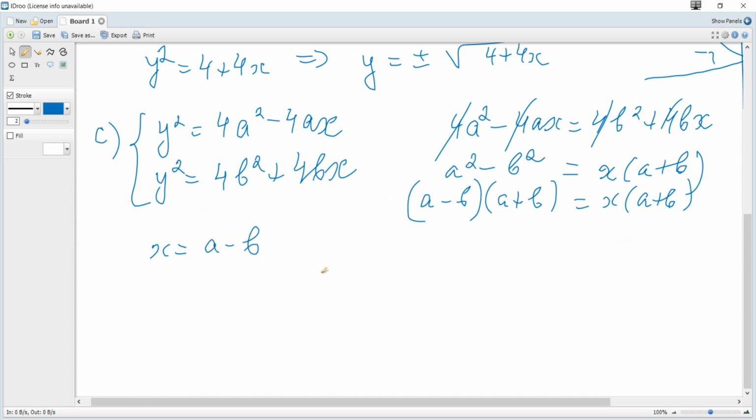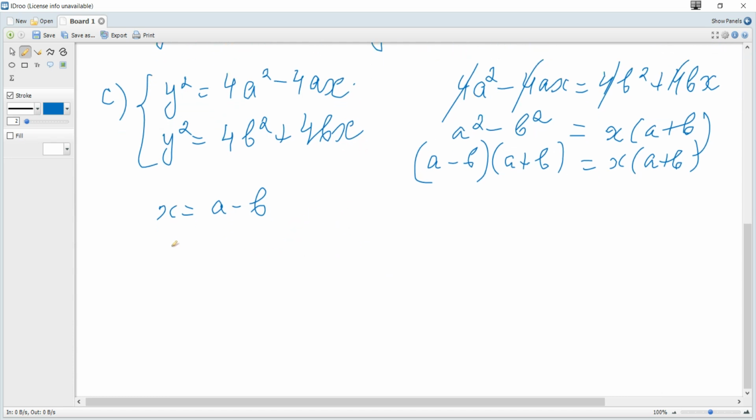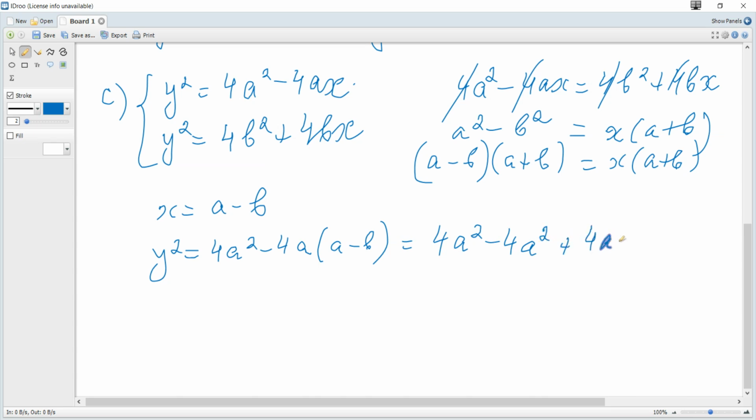And then substituting into this or this, it doesn't matter, it becomes y squared is 4a squared minus 4a times a minus b, which is 4a squared minus 4a squared plus 4ab, and y is plus minus, because y squared, so y will be plus minus 2 root of ab.